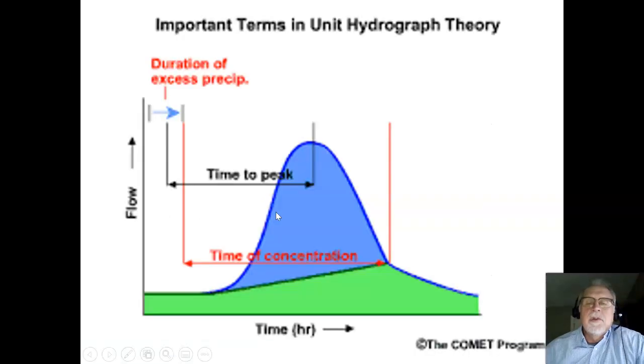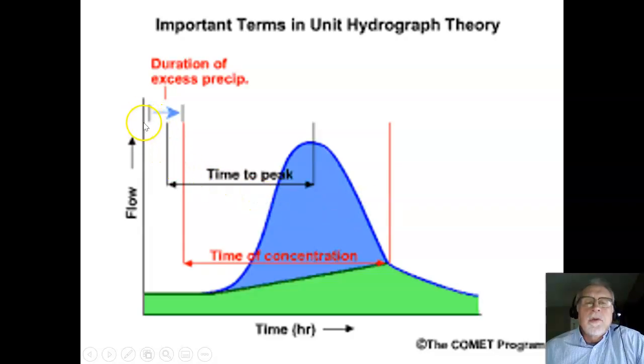I think this one is a better way to look at it. So if I have a rainstorm here, it starts raining and then it stops, the water is running off, there's a time to peak that depends on how long it rains in the watershed. That's not a quick calculation. The time of concentration is not the same thing.